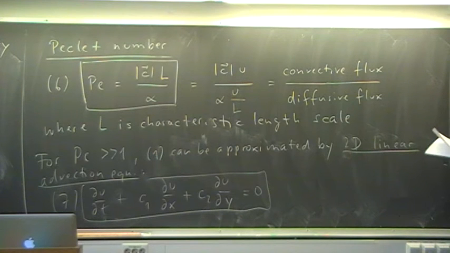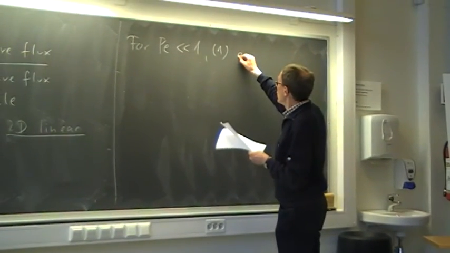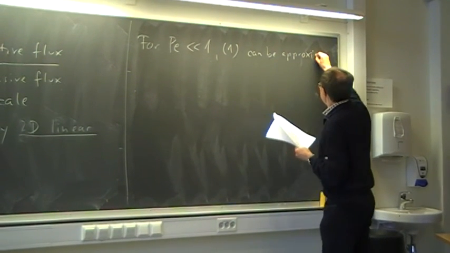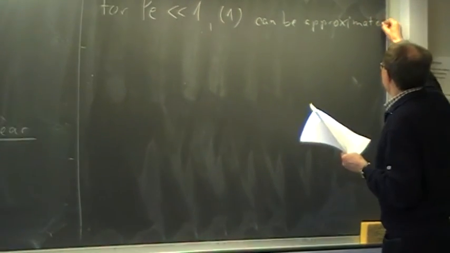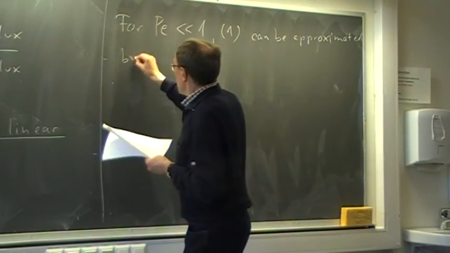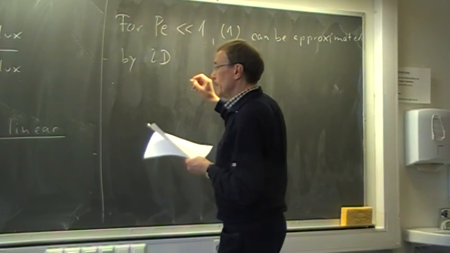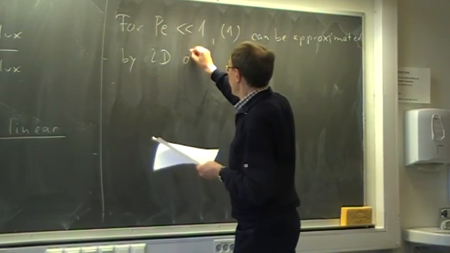Also, for a Péclet number much smaller than 1, the convection diffusion equation can be approximated by the 2D diffusion equation.